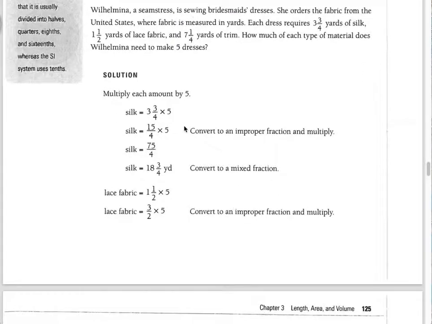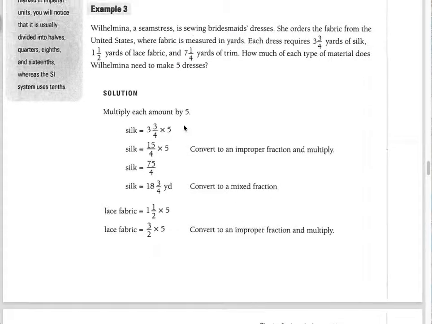Wilhelmina, a seamstress, is sewing bridesmaids' dresses. She orders the fabric from the United States, where the fabric is measured in yards. Each dress requires 3 3/4 yards of silk, 1.5 yards of lace, 7 1/4 yards of trim. How much of each type of material does Wilhelmina need to make 5 dresses?